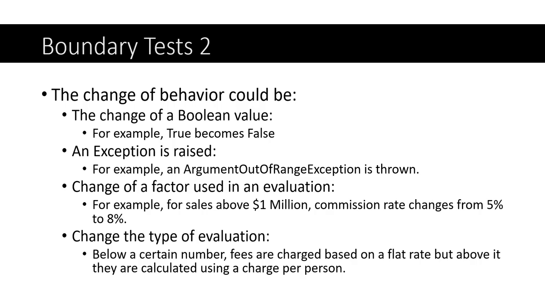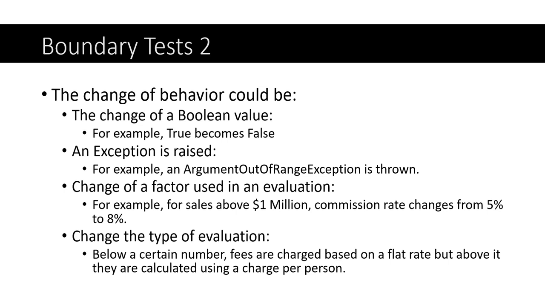Final example to consider, right? Sometimes we're changing completely the approach. So it's not just a factor used in a calculation, like a percentage or something, but the entire type of evaluation or type of calculation in many cases, right? My example here, right? Perhaps below a certain number of people, a guaranteed number, booking a conference somewhere. Speaking of conferences earlier. So maybe the fees are based on a flat rate up to a certain number.